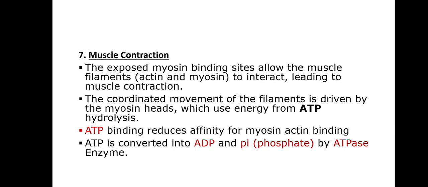We've seen tropomyosin moving out of the active sites of the actin filament to allow myosin to bind to it. So the exposed myosin binding site allows the muscle filaments, actin and myosin, to interact, leading to muscle contraction.